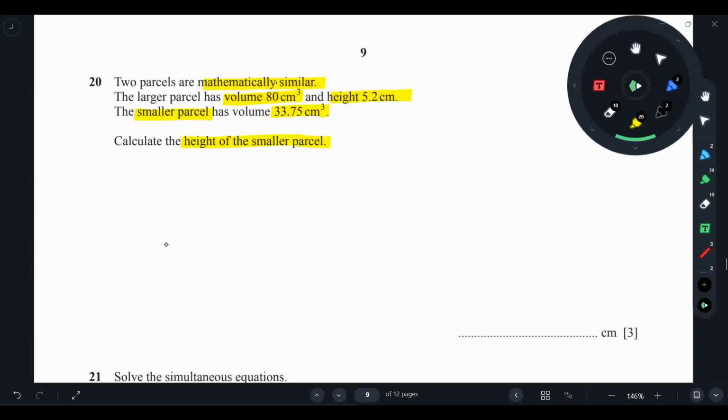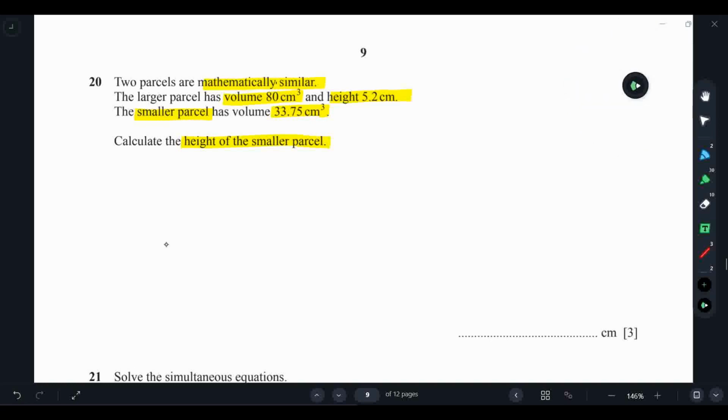Now we know that in similar shapes we can use the ratio like this. Volume of the larger parcel to volume of the smaller parcel should be equal to height of the larger parcel to the height of the smaller parcel.